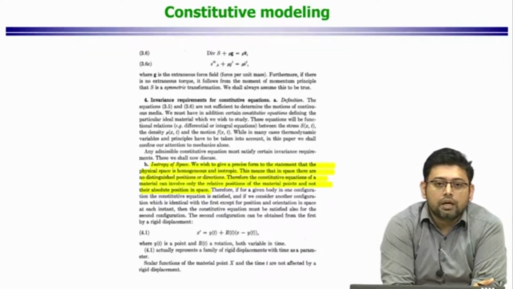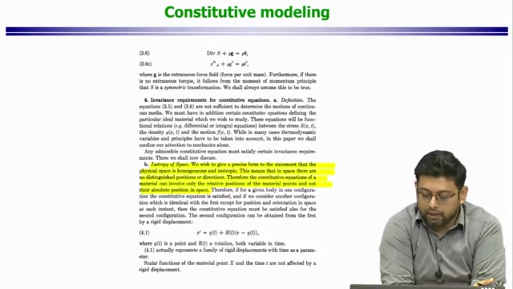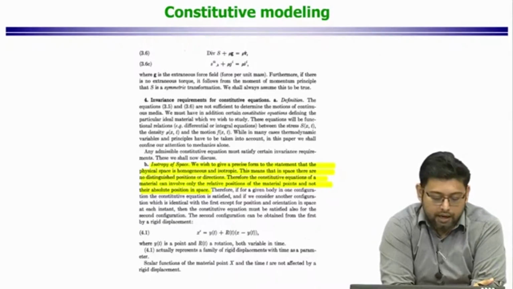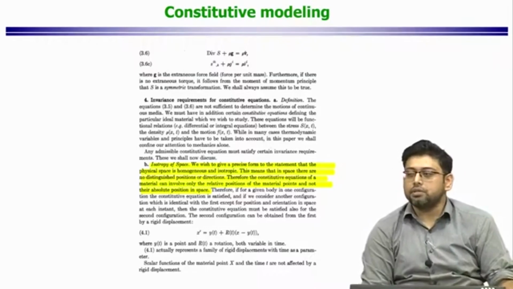This means that in space there are no distinguished positions or directions. Therefore, the constitutive equations of a material can involve only the relative positions of material points and not their absolute position in space. And this idea has evolved into a very important governing principle.